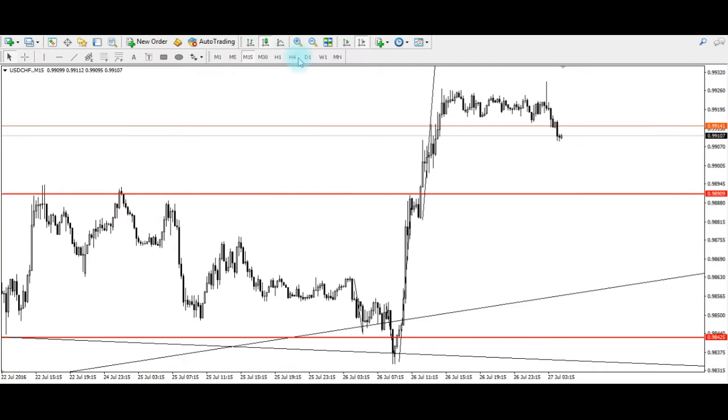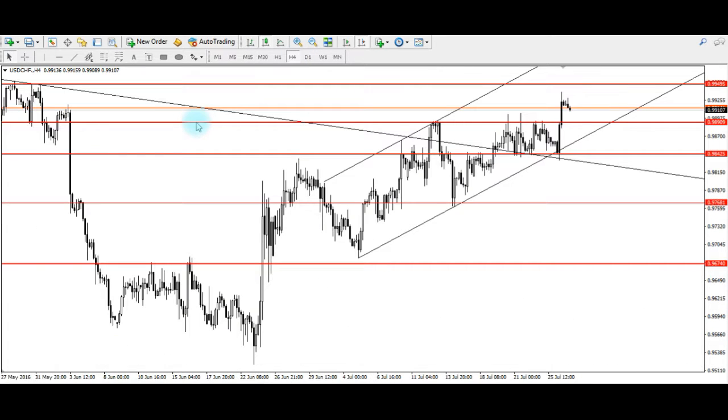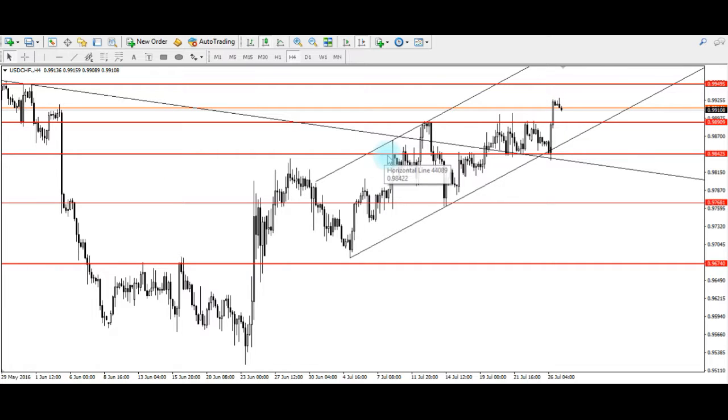Of course, right here we have the dollar against the Swiss franc, which I'm still pretty much holding on to my trade on the long itself. And yesterday we have seen that the price has rebounded off from a key support level at 98.42, went all the way up, and finally it broke above a key resistance level at 98.89.